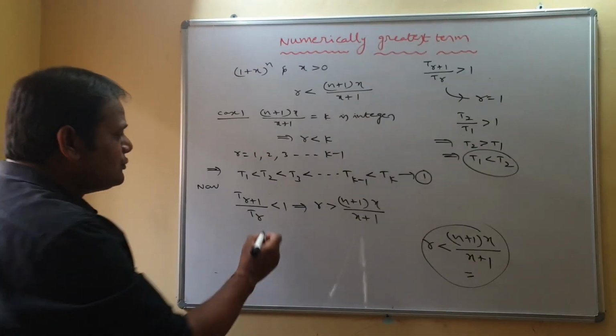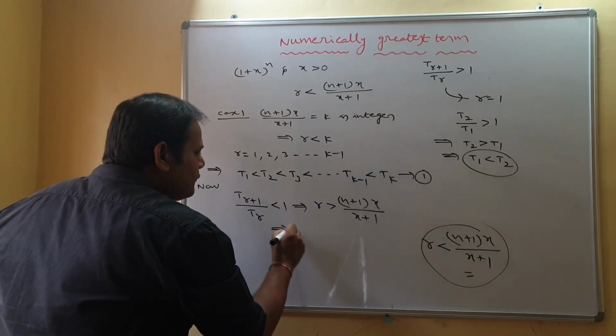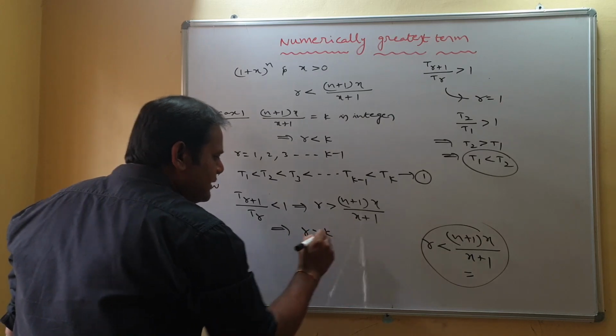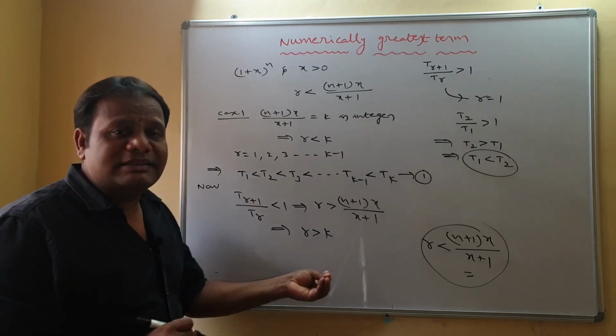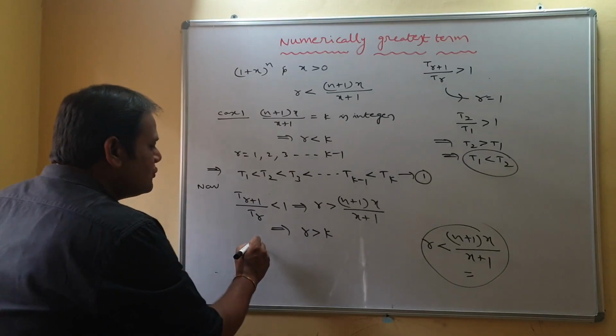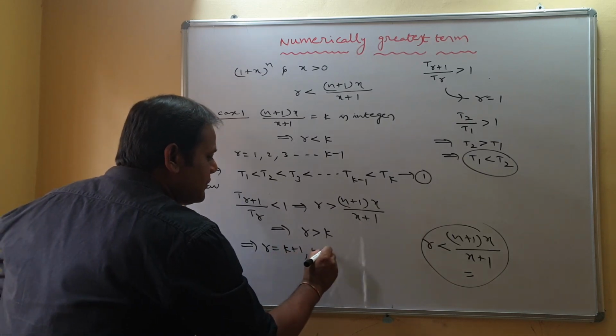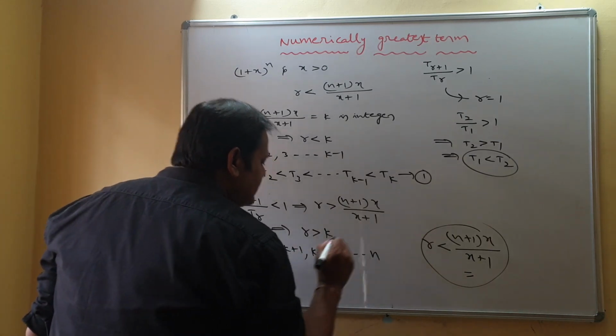Already we have taken it as an integer, so we got r greater than k. So r is an integer greater than k, which means you can take r equal to k plus 1, k plus 2, and so on till n.